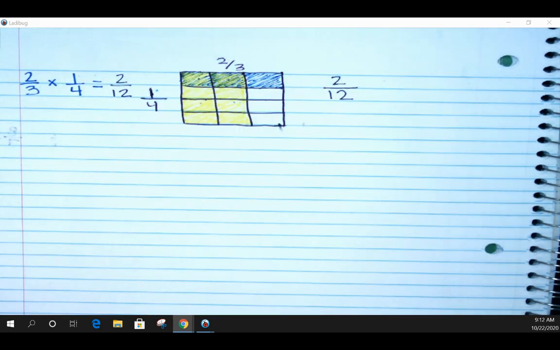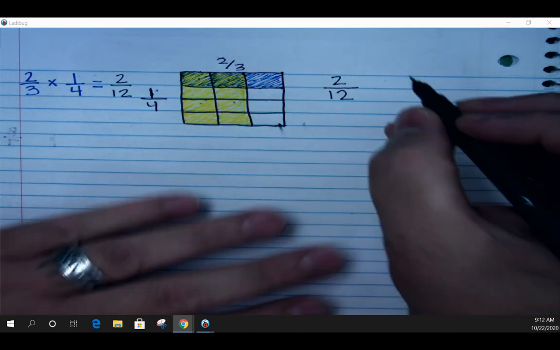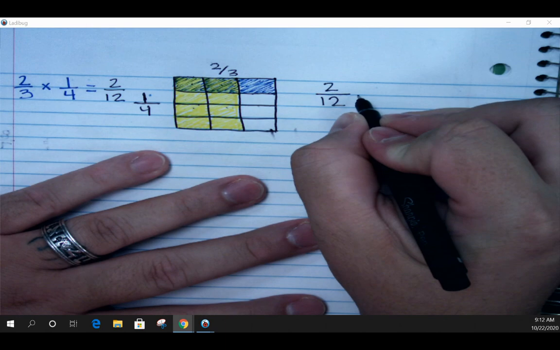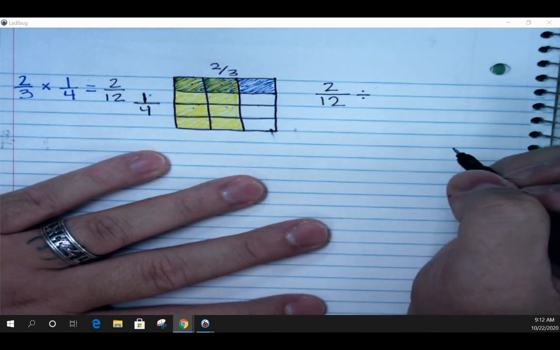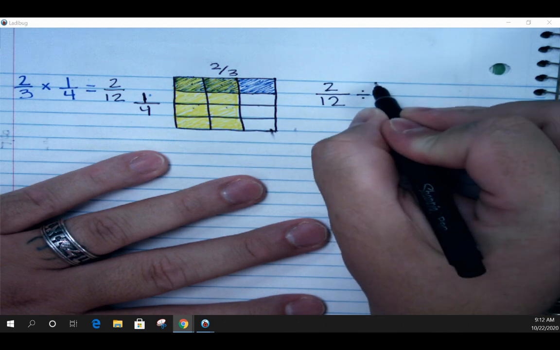Now we haven't learned simplifying yet this year, but we have done it a little bit. So how do I simplify a fraction? Bryson? Well, you see what the factors are that can go in both numbers.